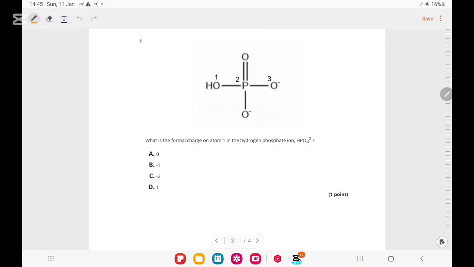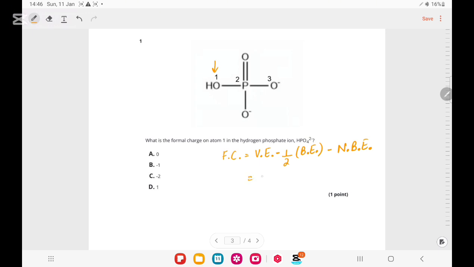So now they are saying what is the formal charge on atom 1 in the hydrogen phosphate ion. So first of all, the formula is formal charge equals valence electrons minus 1 by 2 bonding electrons minus non-bonding electrons, and we need to find it on oxygen.